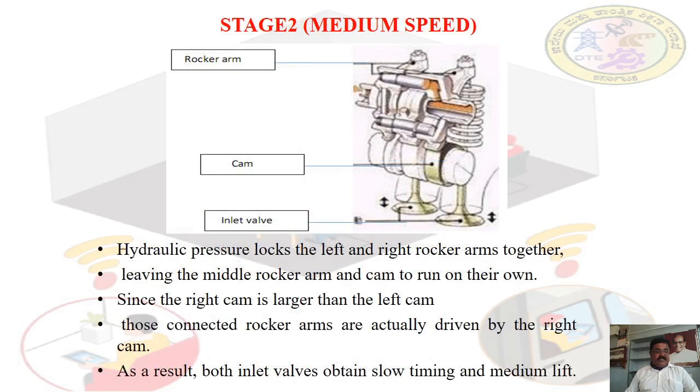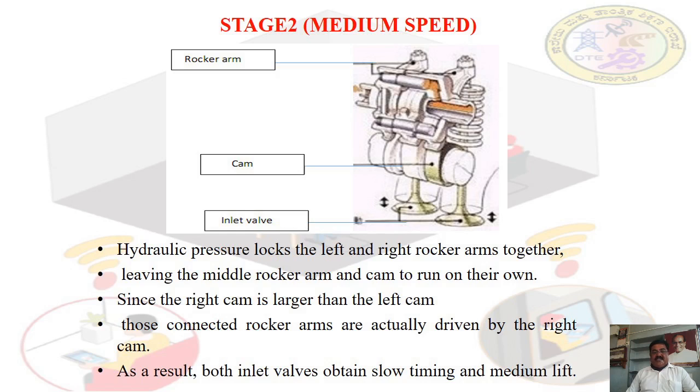Stage 2 at medium speed. The figure shows the rocker arm and cam positions and inlet valve position. The hydraulic pressure locks the left and right rocker arms together, leaving the middle rocker arm and cam to run on their own.